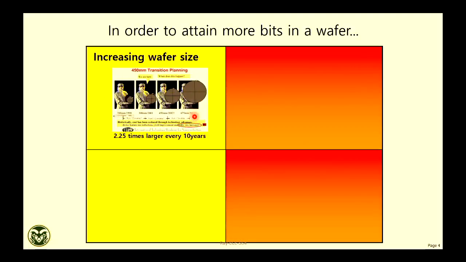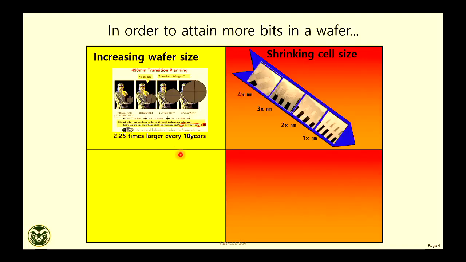That's not definitely a good solution, but still, wafer size is increasing every 10 years. But this is one of the solutions that 2D NAND technology used to follow: shrinking the device dimension. Make the footprint of every cell small, so shrink in the X, shrink in the Y direction. Your gate length should be small, gate width should be small.